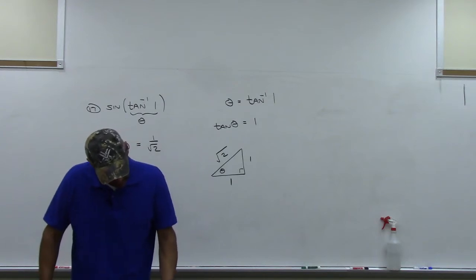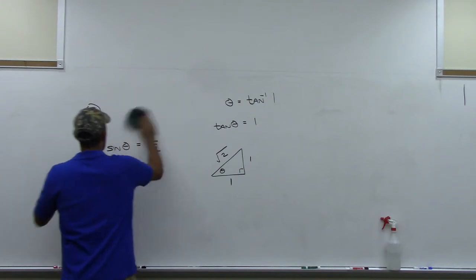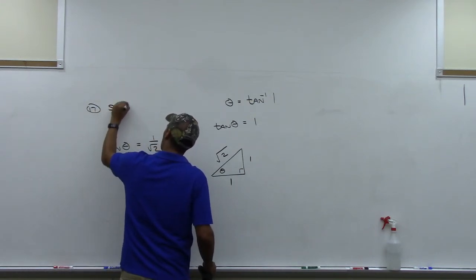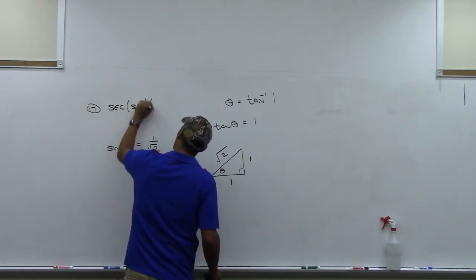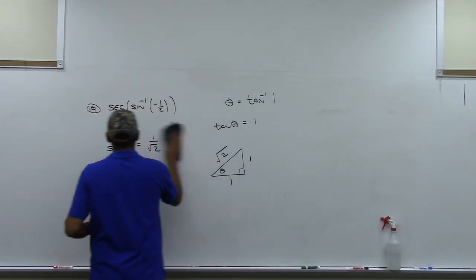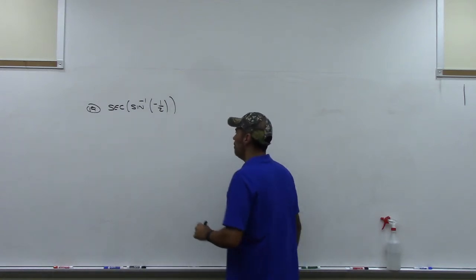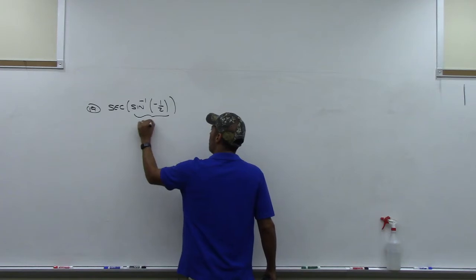Okay, number 19. Secant of sine inverse of -1/2. All right, same game. This is an angle, theta.